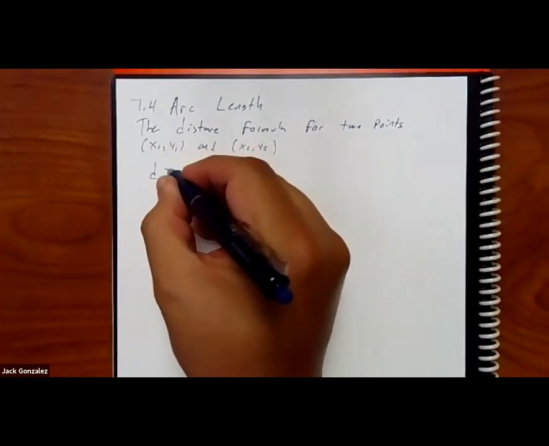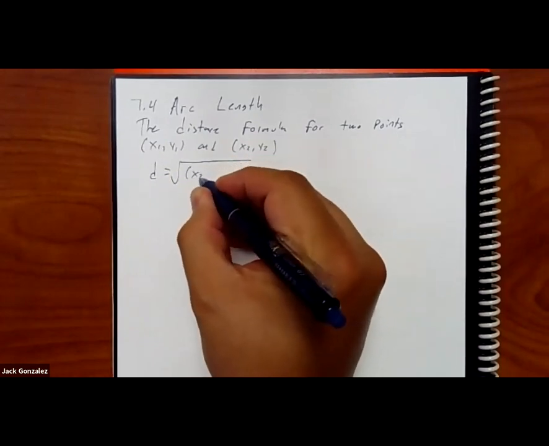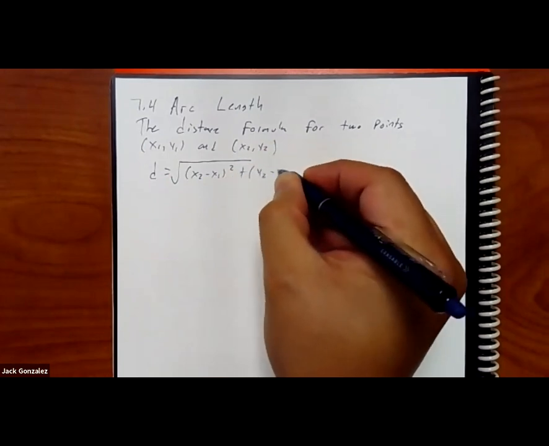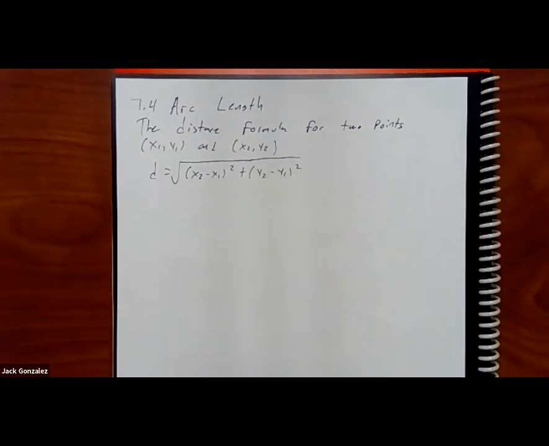So the distance formula is D equal to the square root. It should be very familiar. X2 minus X1 squared plus Y2 minus Y1 squared.